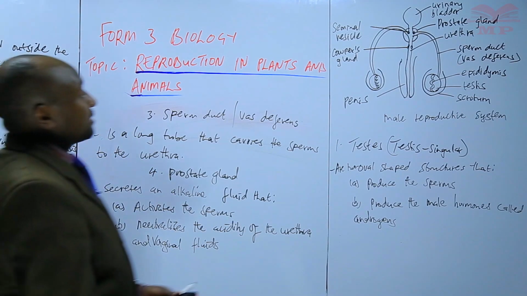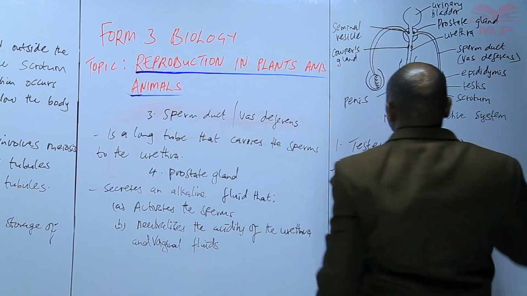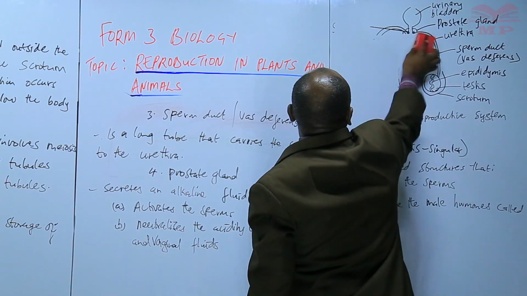Then we have the seminal vesicle, which is another gland.